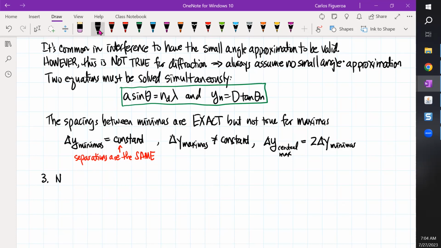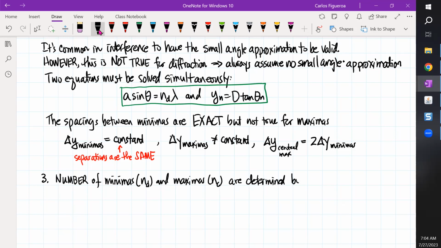So now we have the number of minimas, this is ND, and maximas, this is NC, are determined by the sequence of sine of theta.